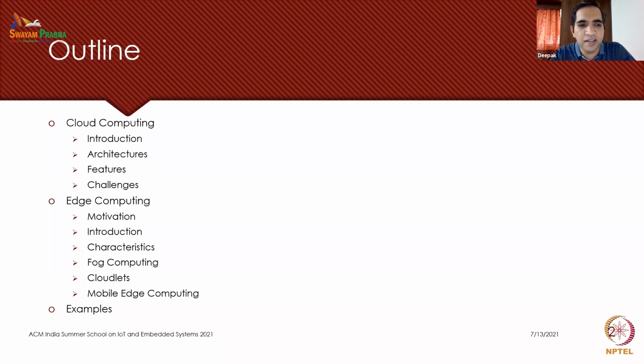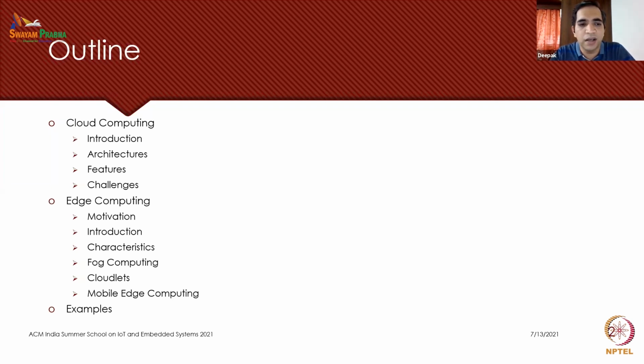And so in the second session, we will look at edge computing and some of the details of its characteristics. There are various flavors of edge computing that you can see, that is fog computing, cloudlets, mobile edge computing, and so on. And we will then understand it a little bit better using some examples.